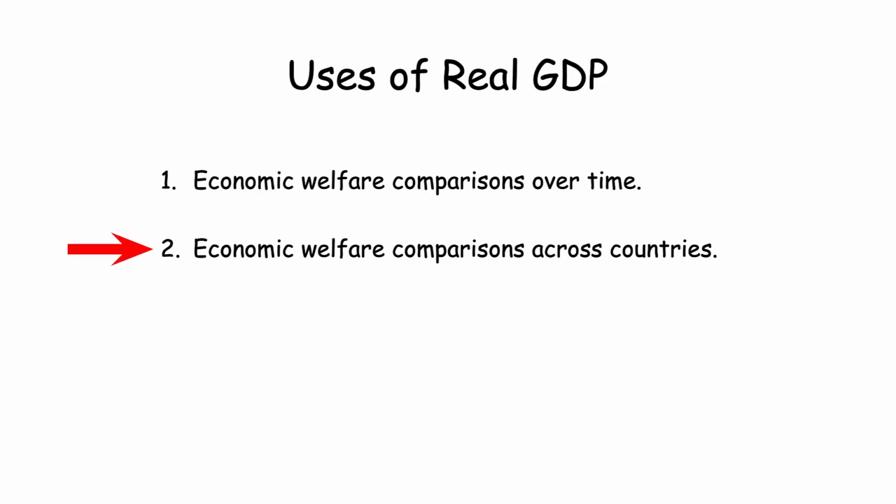It can also be used to compare across different countries, although there are a few other challenges when comparing across different countries, because now GDPs are going to be in different currencies, and you have to find ways in which you can meaningfully compare things in different currencies, but that's definitely another important application.